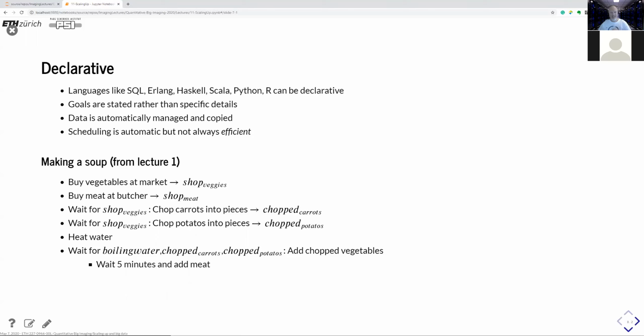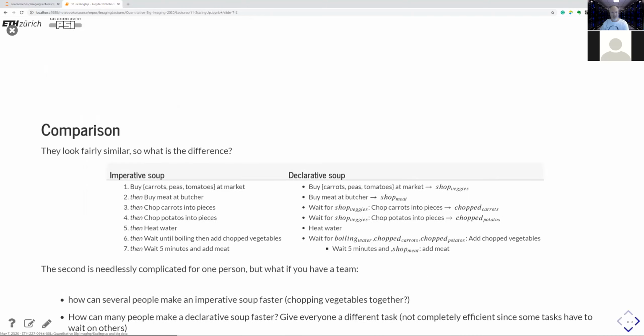Now you can start the next task, which is heating water. And then we have a new barrier point: the water is boiling, the carrots are chopped, the potatoes are chopped, and the next task is add chopped vegetables. Following that, wait again, now with a timestamp for 5 minutes, and then you can add meat. So this is a different way. You can draw a different flowchart graph from this.